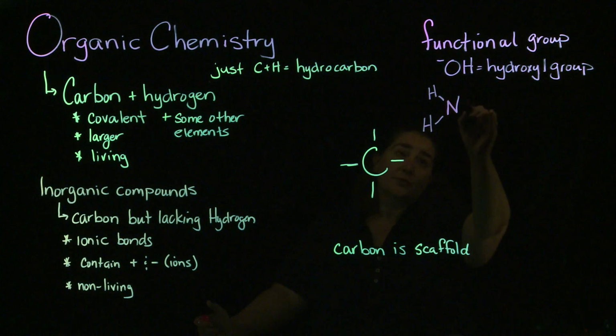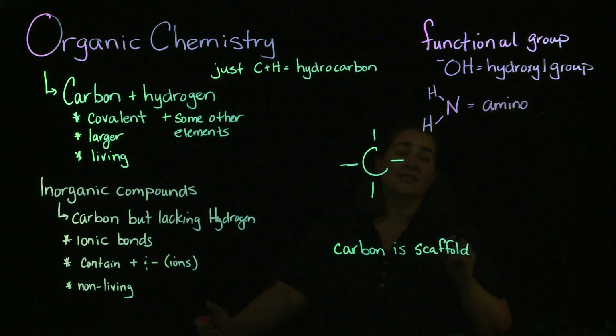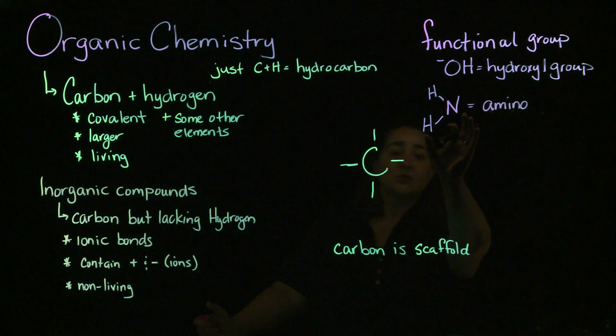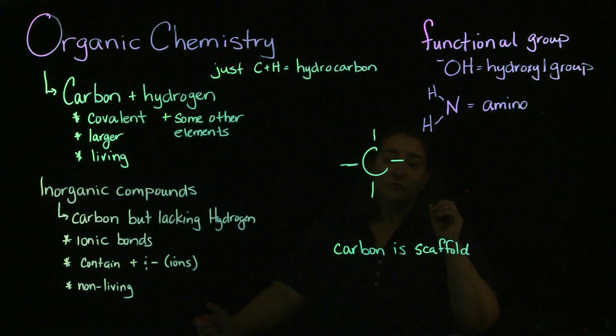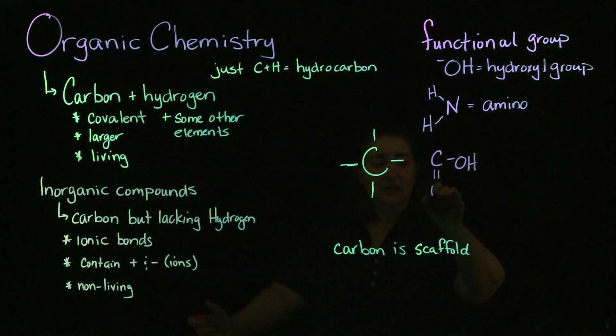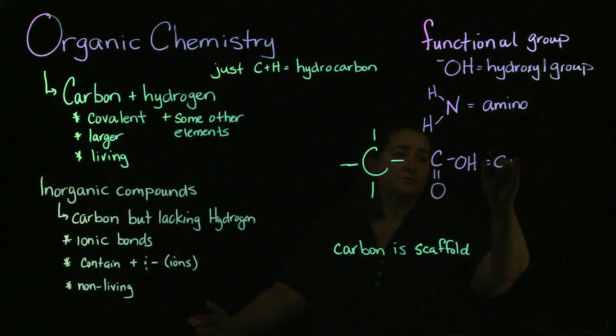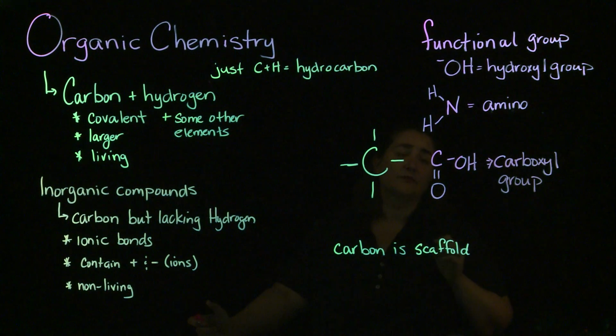This is an amino group, okay? When we talk about proteins and amino acids, guess which group is going to be found in amino acids? It's going to be an amino group, okay? So this is going to be another group that's important biologically, all right? Also related to proteins, which we'll get to, is going to be another functional group, the carboxyl group, okay?